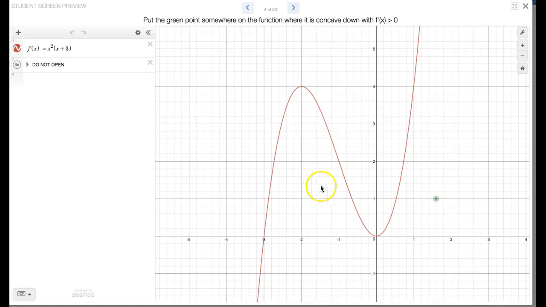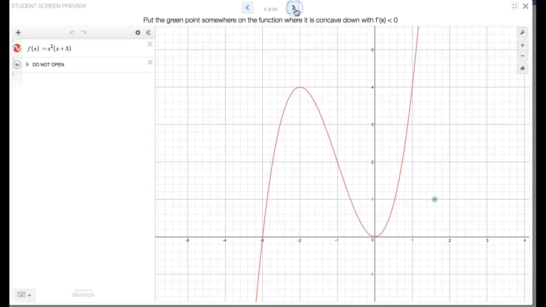And so here's an example. Put the green dot where the function is concave up and the derivative is greater than 0. In this case, I have concave up in this area here, and the derivative is positive. It's going up.